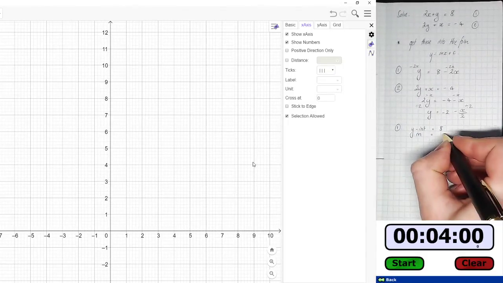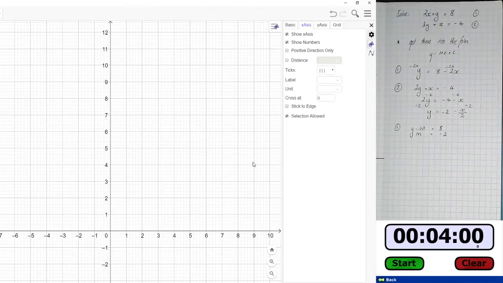The gradient is -2. So let's put that information in. It crosses through the y-axis at 8, and it has a gradient of -2. So for every unit we go across, we go 2 steps down. There's our line.